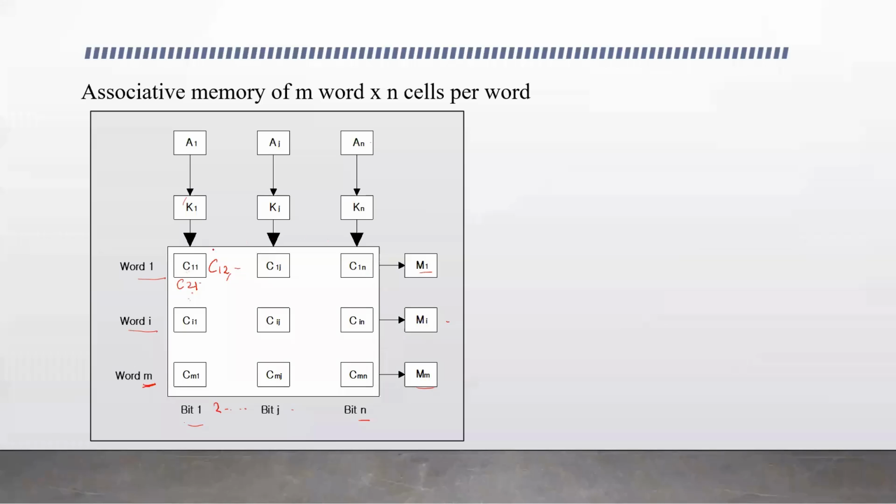If all the bits of this word in the associative memory are the same as the bits in the argument register, M1 is set to 1, otherwise it is set to 0. This is repeated for all the words. But the search condition is that the key bit should be 1. If the key bit is 0, that bit is not compared.